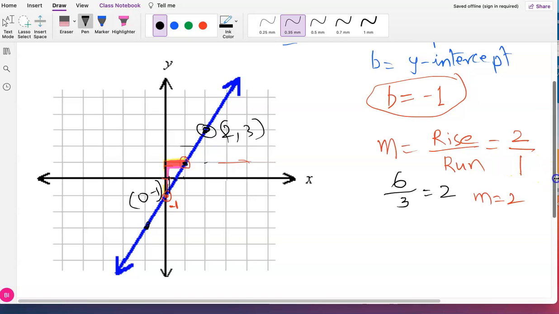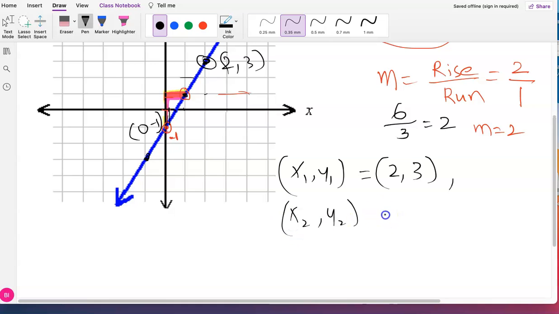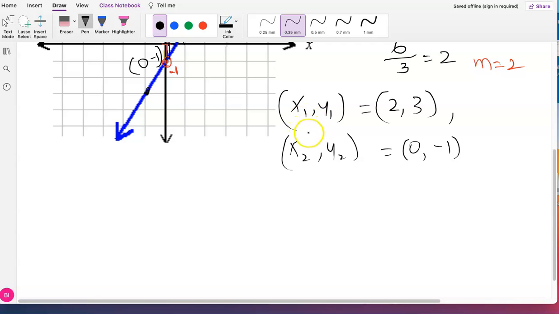So those are my 2 points. x1, y1 is 2, 3. And x2, y2, the second point, is 0, negative 1. Like I said, you can select any 2 points from this line, and you can call either one the first point. That is also your choice. So here we picked 2, 3 to be the first point and 0, negative 1 as the second point.